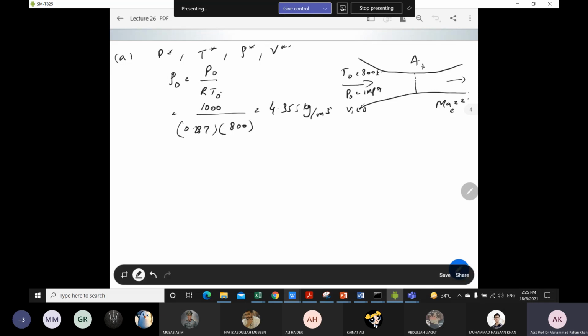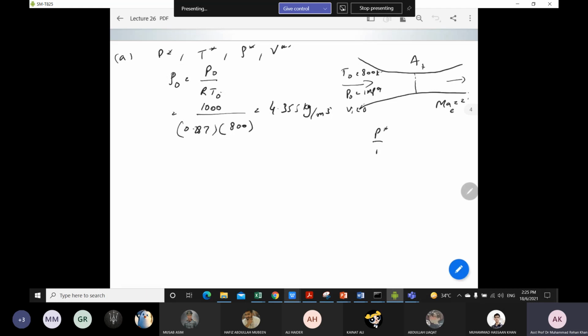Now either you can use the formulas which we already know, that P star by P naught is equal to 2 divided by K plus 1 to the power K divided by K minus 1. Similarly, T star by T naught is equal to 2 divided by K plus 1, and rho star by rho naught is equal to 2 divided by K plus 1 to the power 1 by K minus 1.